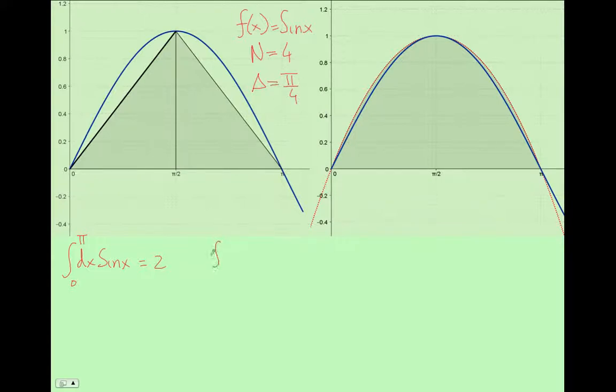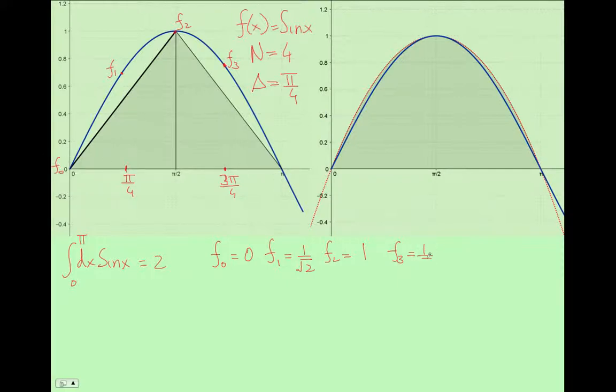And we're going to need the following values: f0, which is sine of 0, which is 0. f1, which is sine of pi by 4, and that's 1 over square root of 2. f2, which is sine of pi by 2, that's 1. f3 will be at 3 pi by 4, just like f2 was here, and f1 was here, and f0 was here.